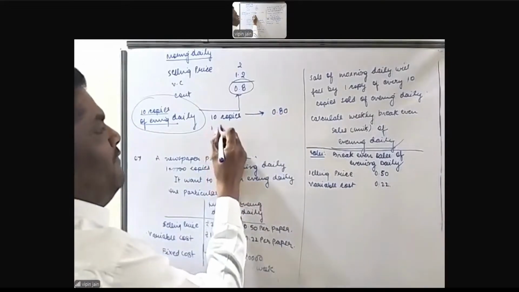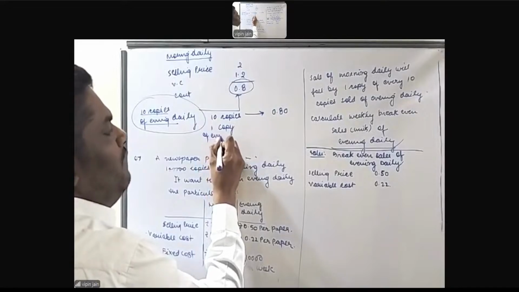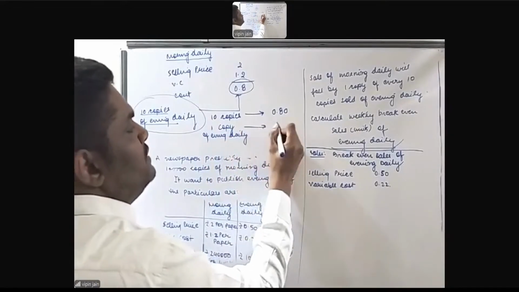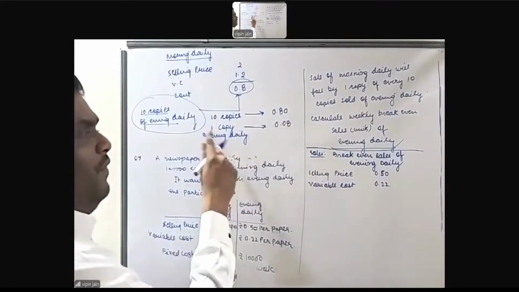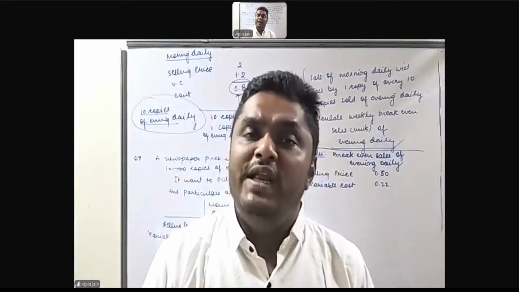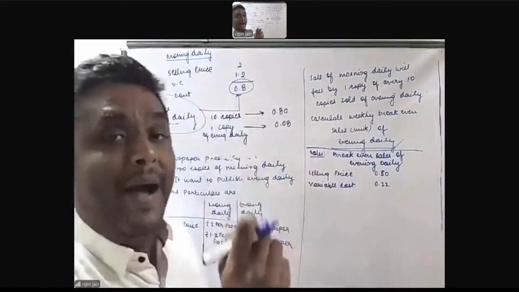So for every copy of Evening Daily we will lose 8 paisa. For 10 copies, we are losing 80 paisa. So for every copy of Evening Daily, there is a loss of contribution of Morning Daily by 8 paisa.